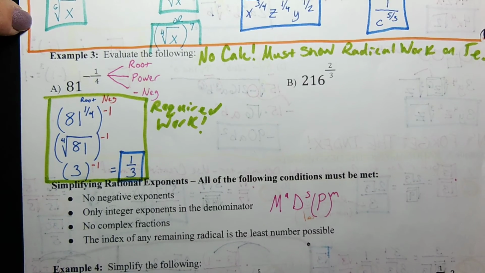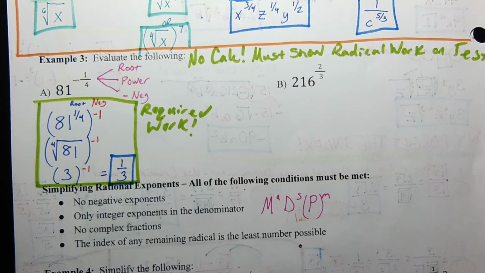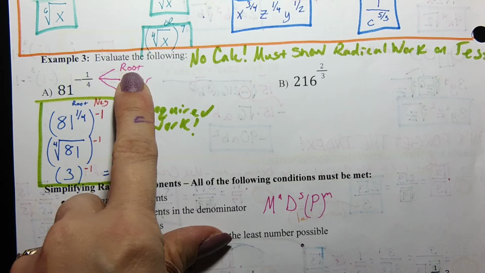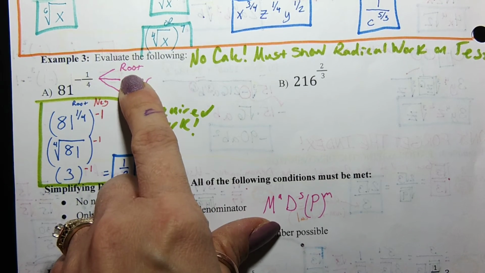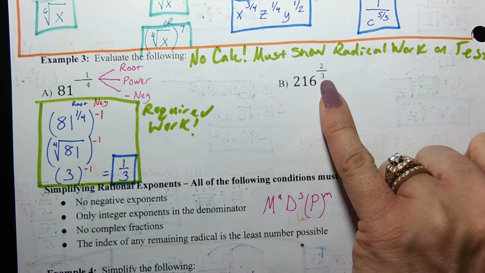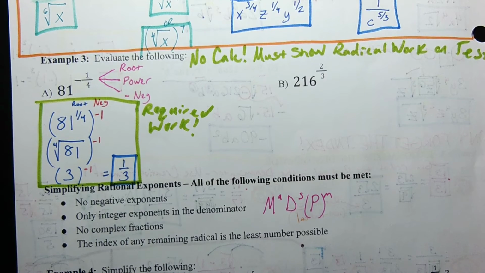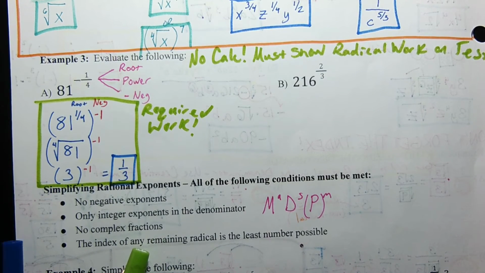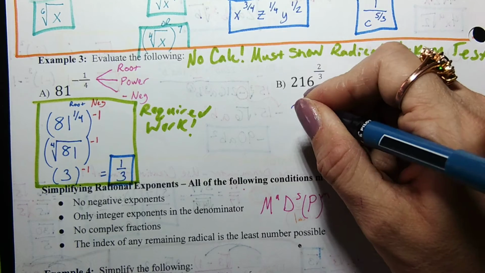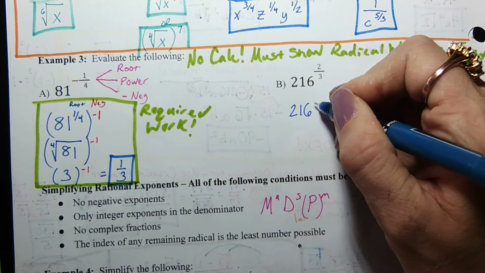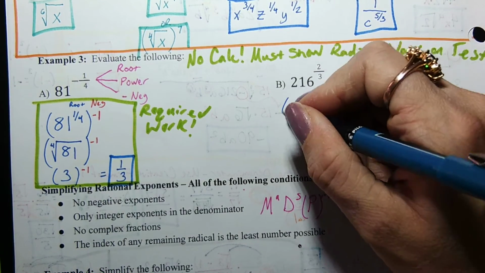Let's go ahead and try problem B. So here we have 216 raised to the 2/3 power. First, we are going to break it down into the root power. Which part of this power gives me the root? Kind of the denominator part of it. So we're going to have 216 to the 1/3 power.